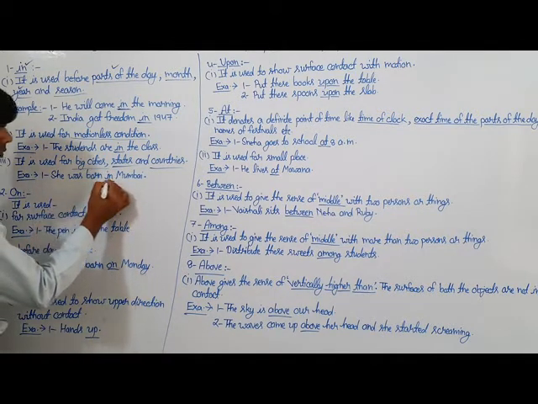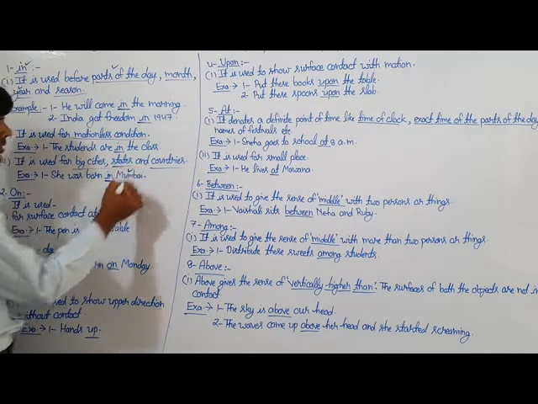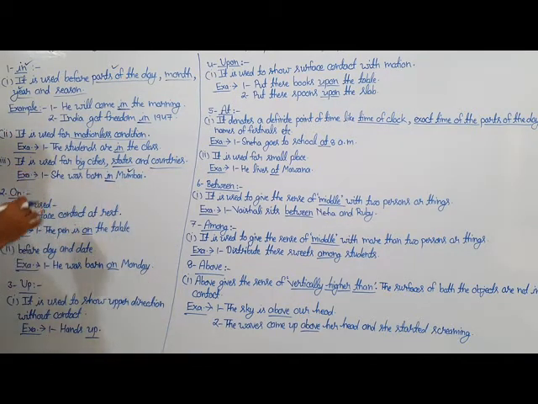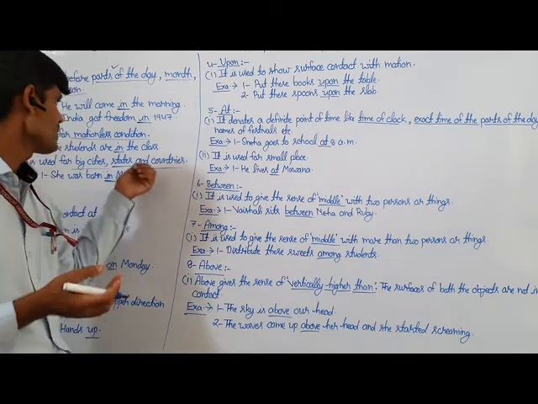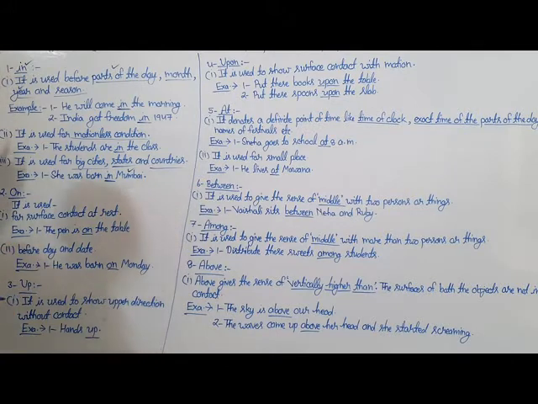Here the underlined word in is a preposition and it is used for the major city Mumbai. So we can say that in is a preposition which is used for big cities, states as well as for nations or countries. So these are some uses of the preposition in.